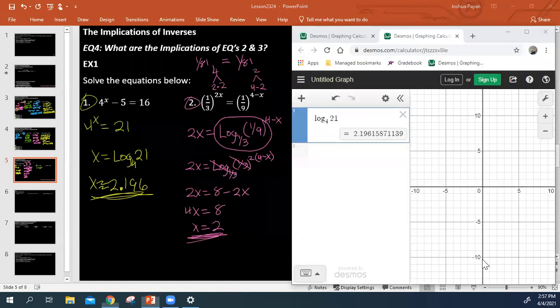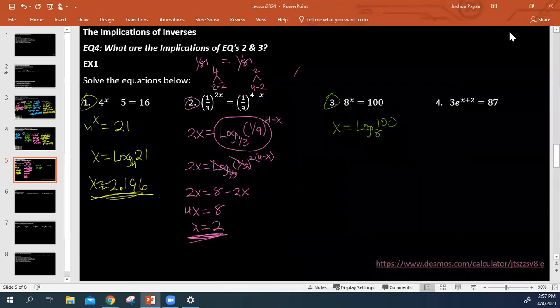And you can get out of the habit of using my graphing calculator. So log base 8 of 100. So 2.215 thereabout. So 2.215.